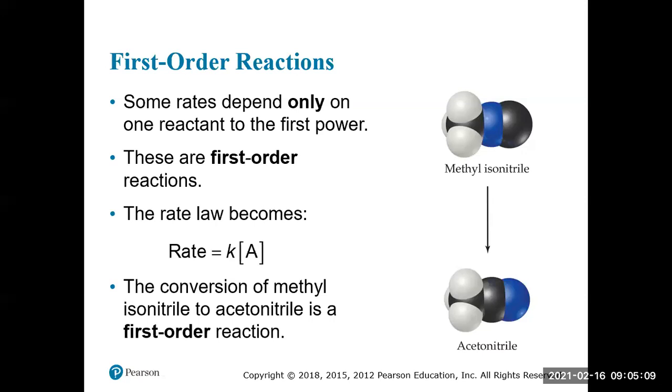So we're going to talk a little bit about the order of reactions. So first order, second order, things like that. For a first order reaction, the rate law is expressed as the rate equals the rate constant times the concentration of one of the reactants.